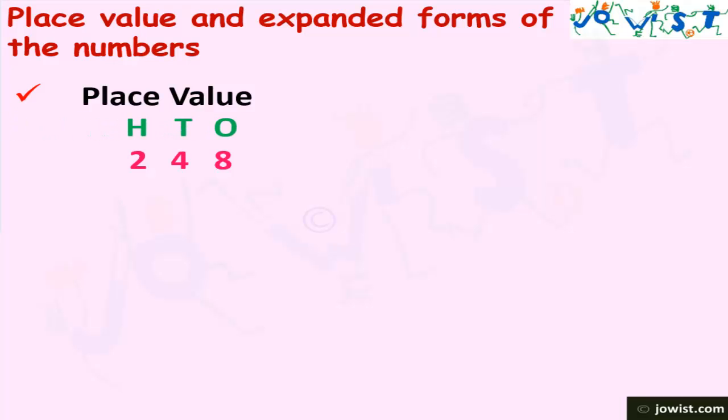Here, 8 is in the ones place, 4 is in the tens place, and 2 is in the hundreds place. If we talk about the value of the digits, the value of 8 is 8, as there are 8 ones.